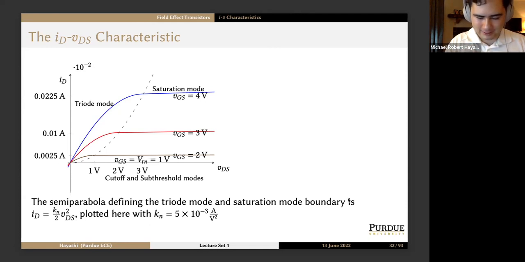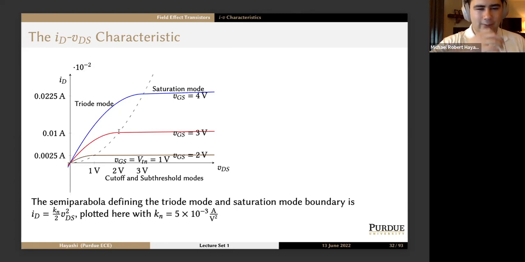So according to this, yes, on slide 32, we are going to have the ID VDS characteristic, where we can see all of these. In the triode region, we see near the origin, it looks like a family of linear resistors, like I said. And then as we increase the drain to source voltage more, we get a family of semi-parabolas that reach up to some point.